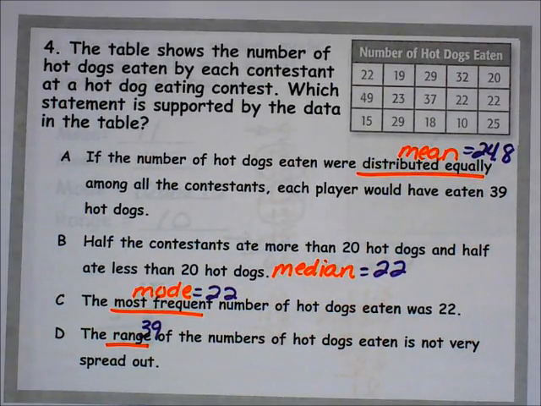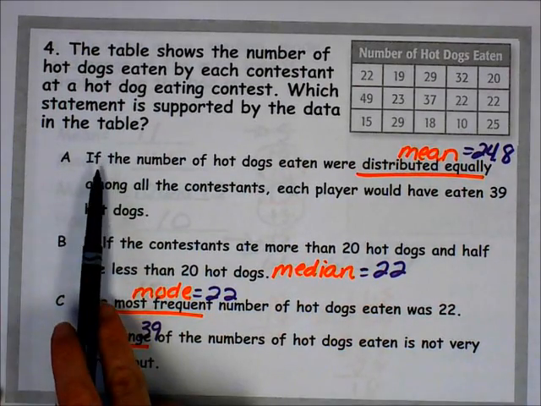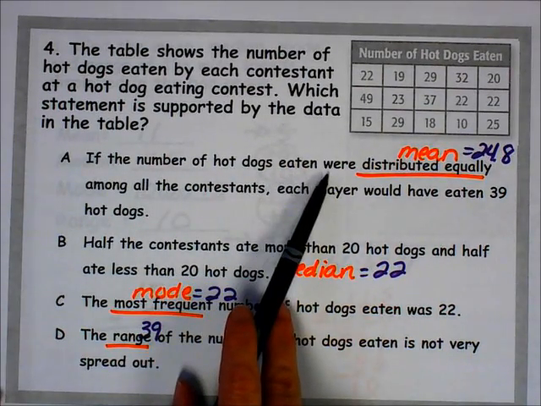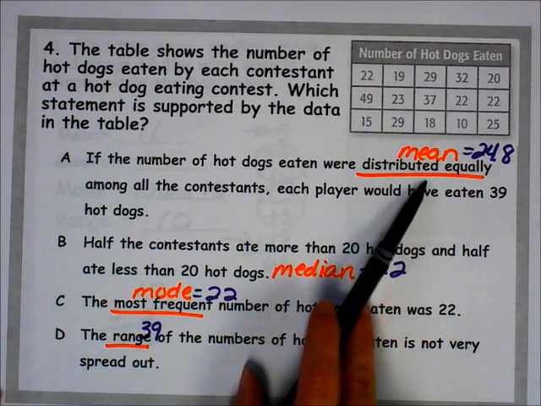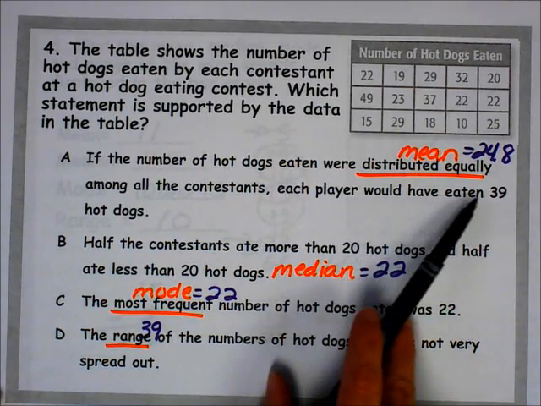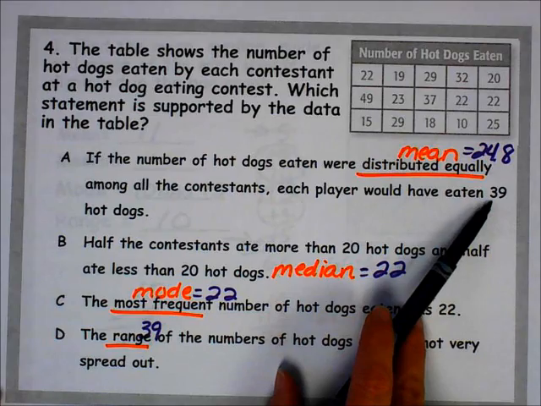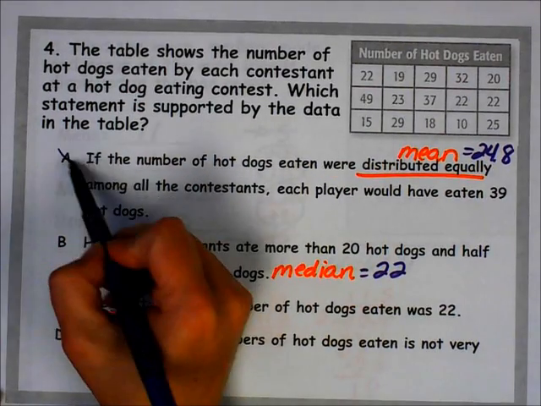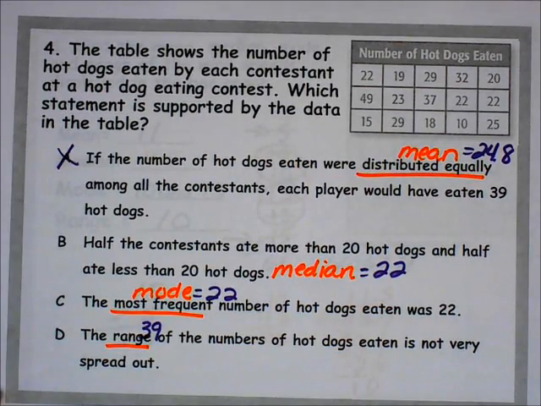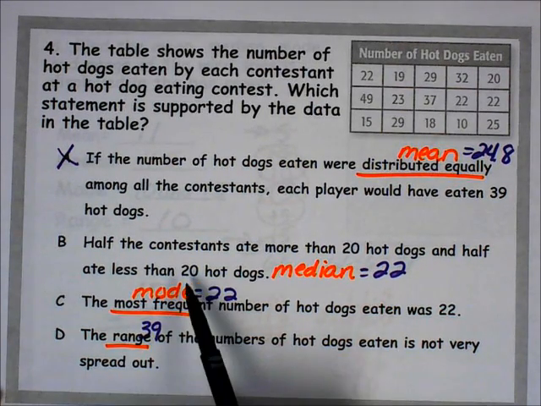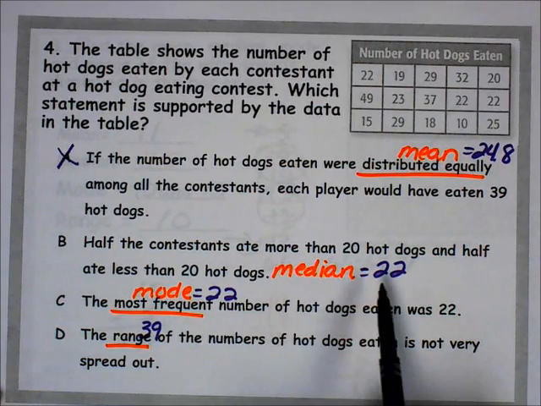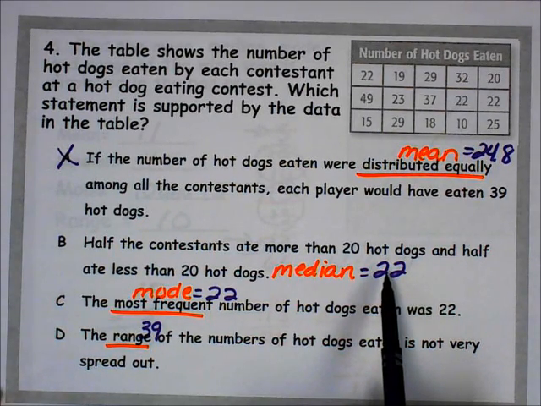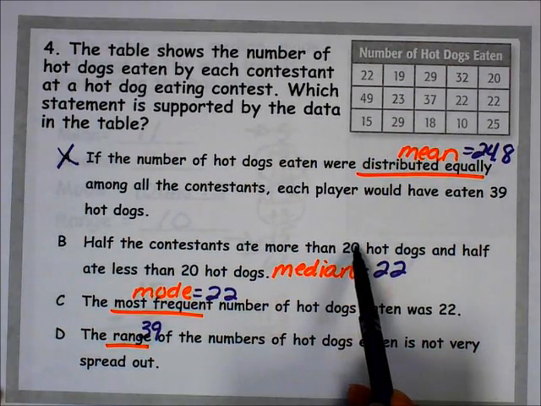So now let's go back and check our work. A says if the number of hot dogs eaten were distributed equally among all contestants, each player would have eaten 39 hot dogs. 39 is not the average. We know it should have been 24.8. So A is not the correct answer. B says half the contestants ate more than 20 and half ate less than 20. Well, we know that half ate more than 22 and half ate less than 22, not 20.